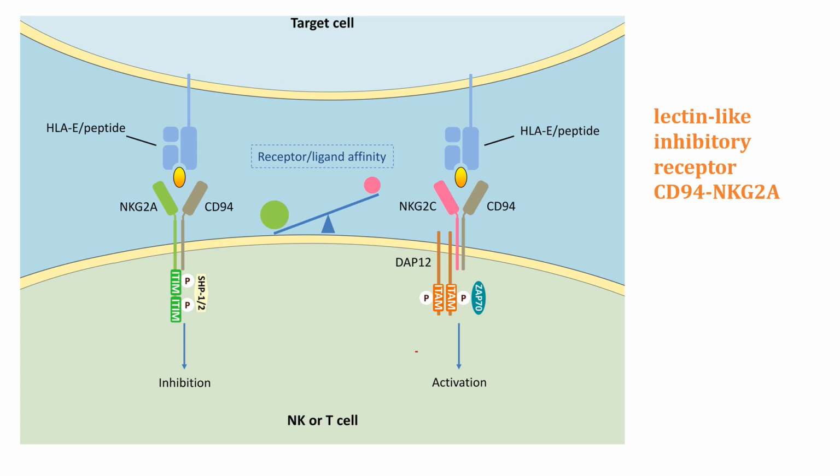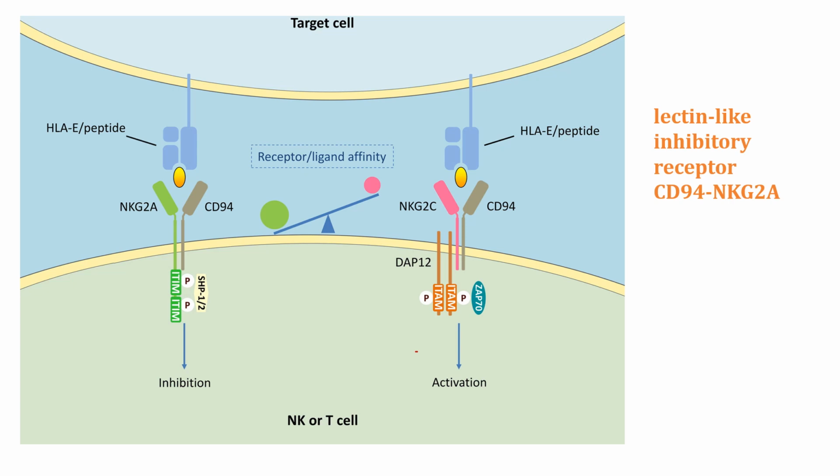NKG2A CD94 and NKG2C CD94 signal in NK cells and T cells. The target cell expressing HLA-E peptides can bind to both NKG2A and NKG2C. The interaction of the NKG2A CD94 receptor with the peptide-presenting HLA-E results in the phosphorylation of ITIM.